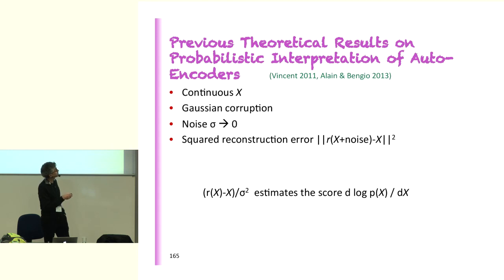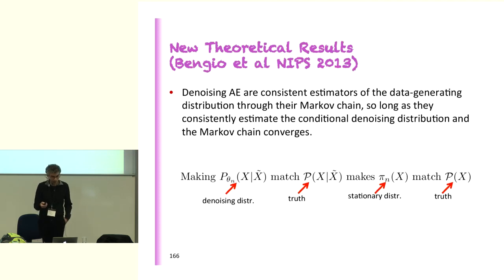And it works for Gaussian corruption and a very strong assumption about the noise being small and square reconstruction error. So fortunately, last year we've been able to generalize this to any kind of denoising autoencoder, to any kind of reconstruction distribution. The input could be discrete, could be continuous, whatever, it doesn't matter.